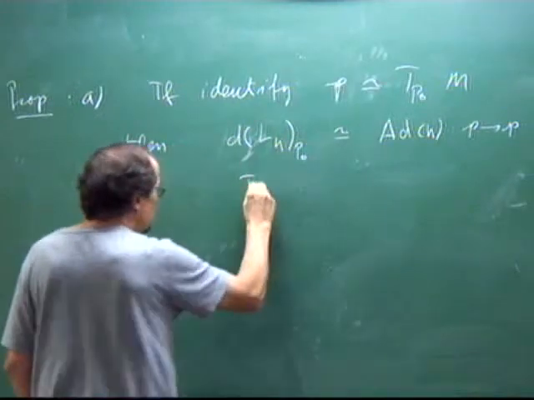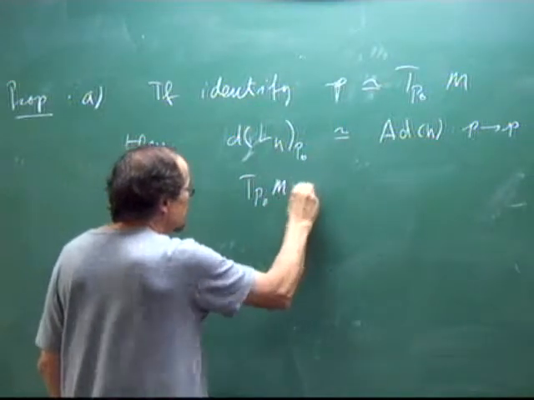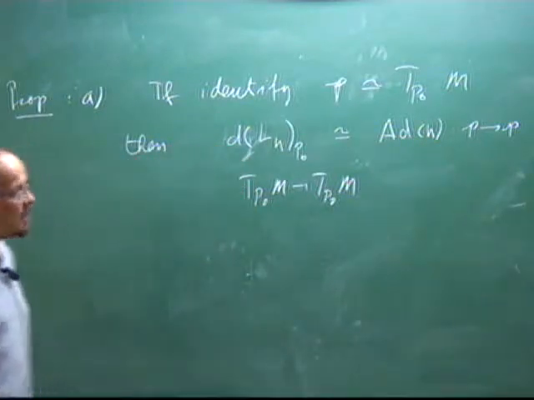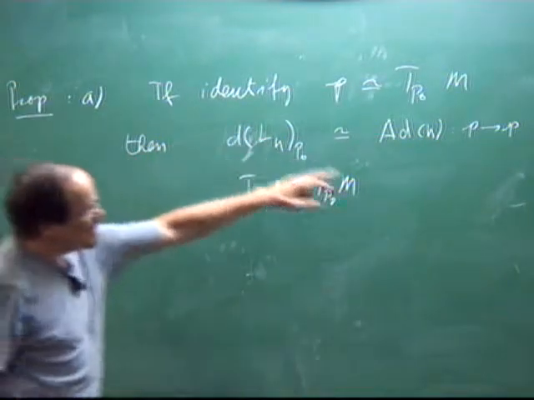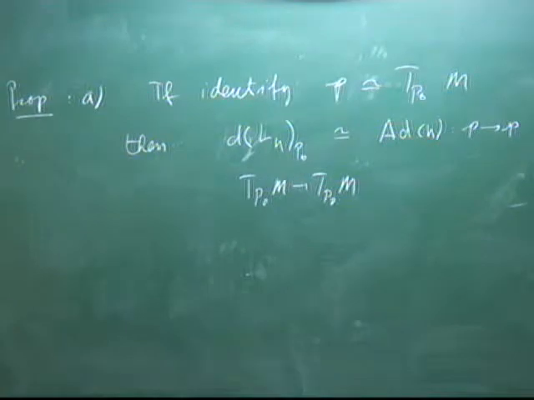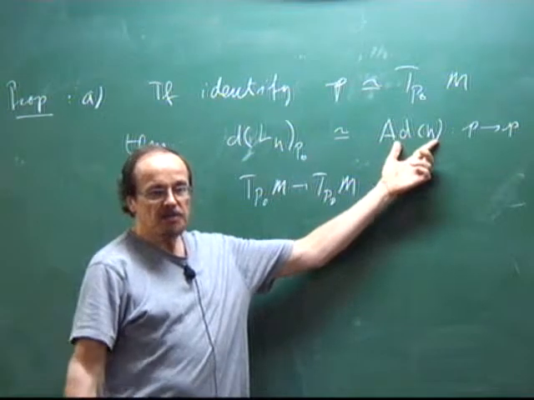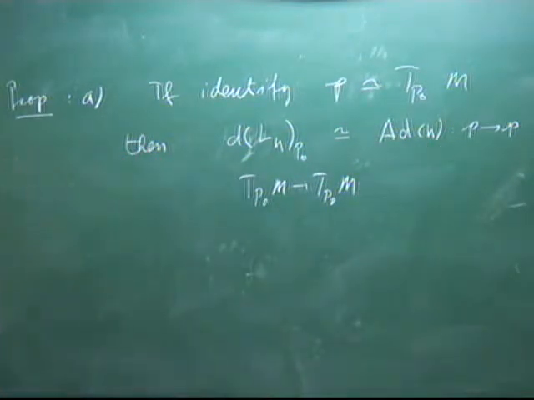Right, this here goes from T_{p0}M to T_{p0}M. And over there it goes from 𝔭 to 𝔭. We identify 𝔭 with the tangent space by this kind of map over here. So I can compute the isotropy representation just in terms of the adjoint. And we know how to compute adjoints. So this makes the object very, very computable.